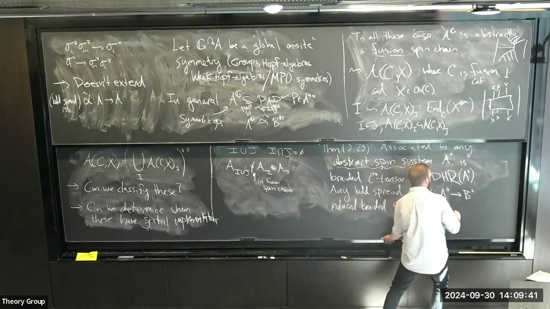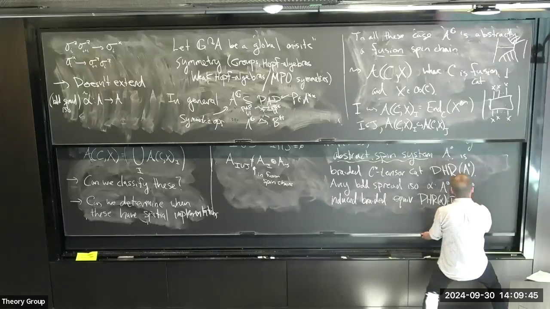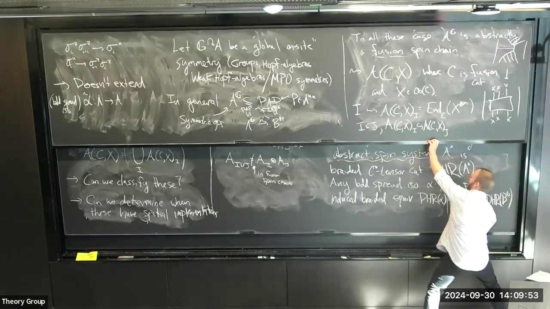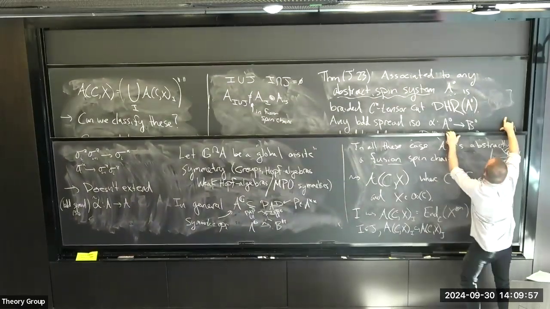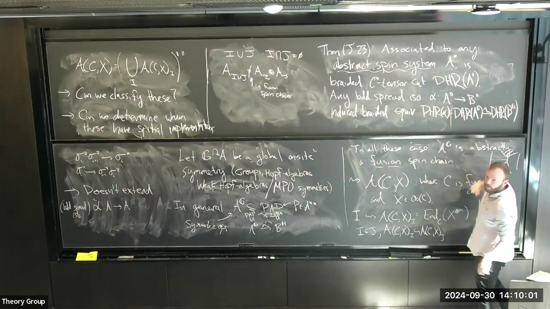And it maps between these two categories, so from DHR of A circ to DHR of B circ. So let me go ahead and pull that up so y'all can see it. There you go.